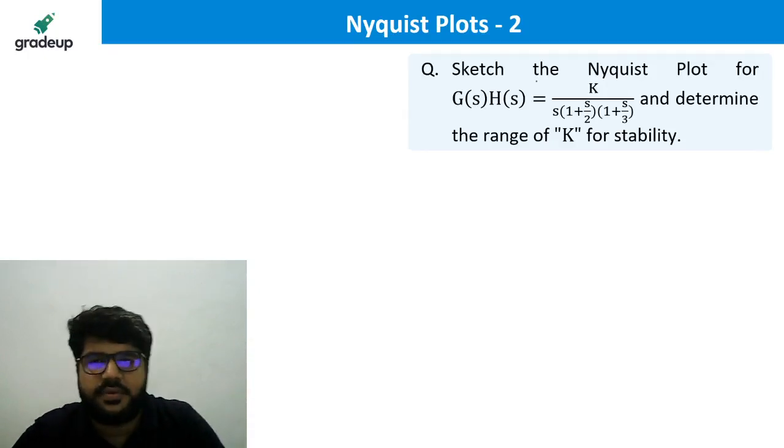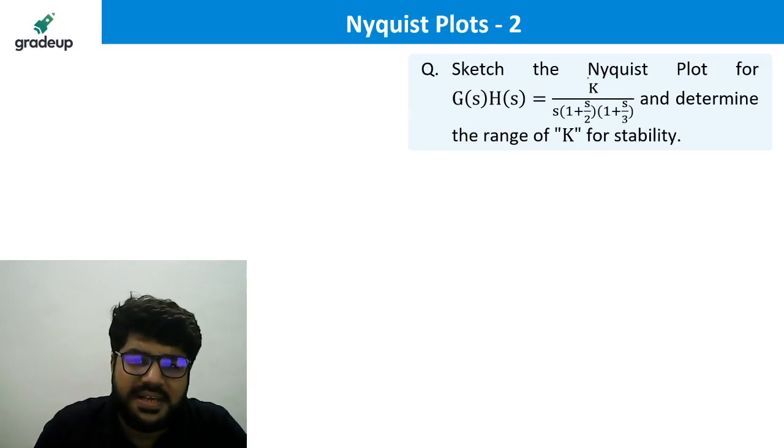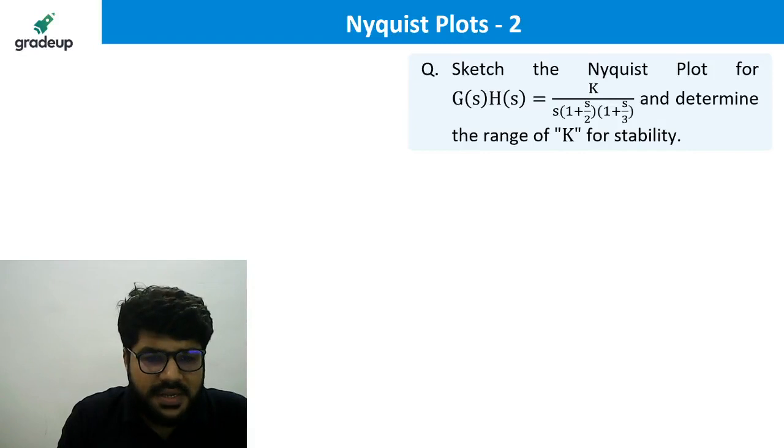Now, next question, guys. Sketch the Nyquist plot for G(s)H(s) equal to K by s(1 plus s by 2)(1 plus s by 3).